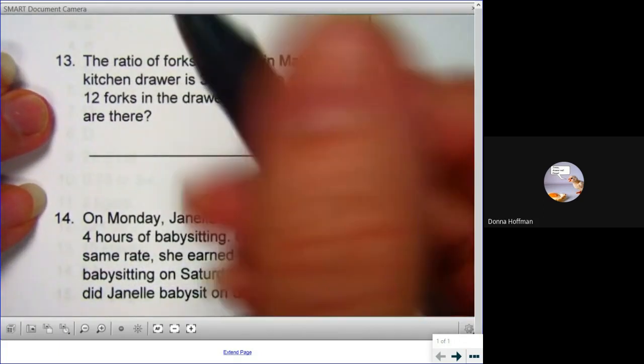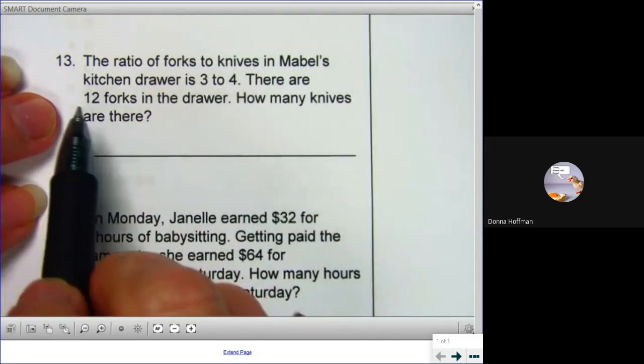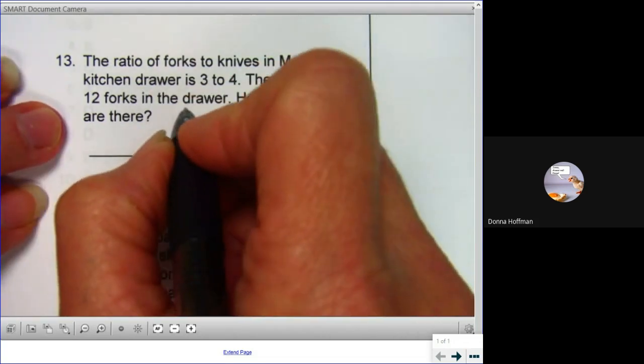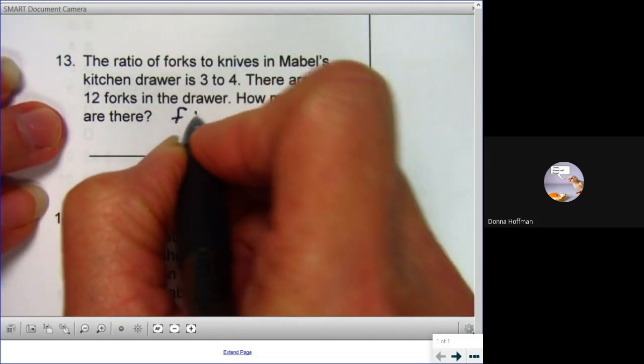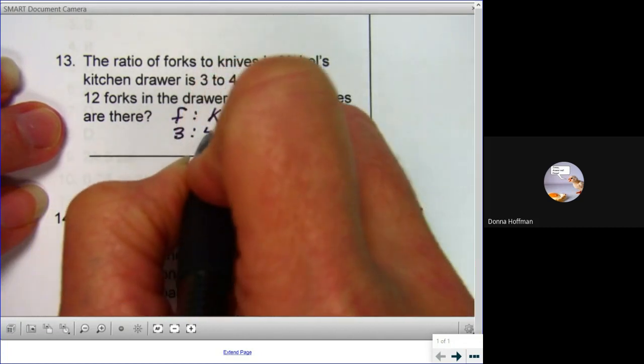The ratio of forks to knives in Mabel's kitchen drawer is 3 to 4. There are 12 forks in the drawer. How many knives are there? Okay, so write out your ratio. Forks to knives, 3 to 4.